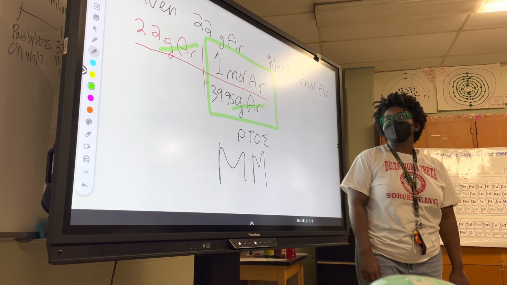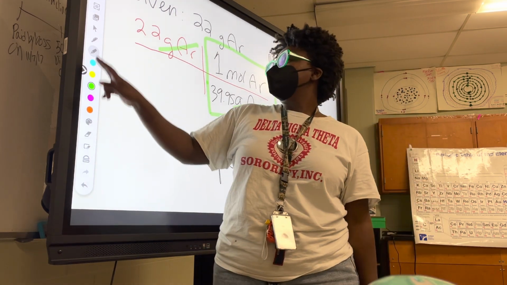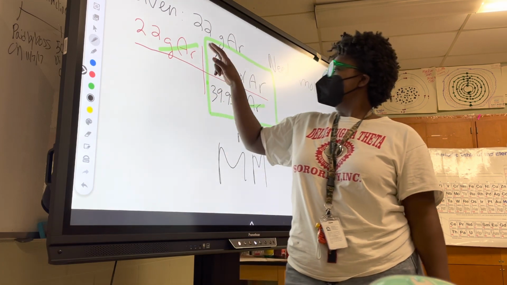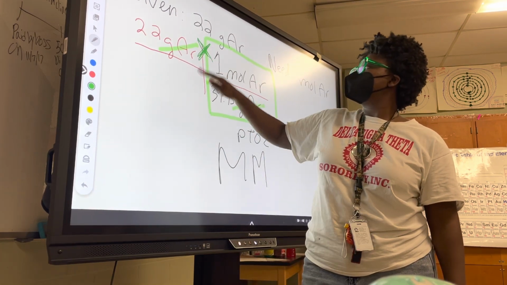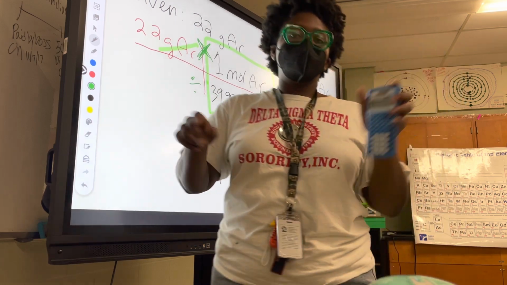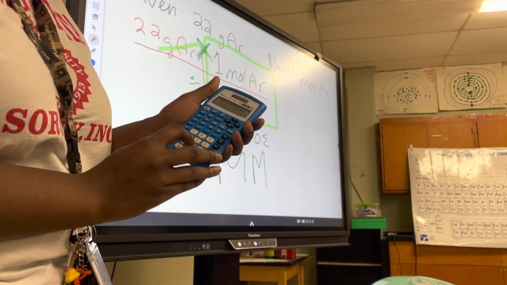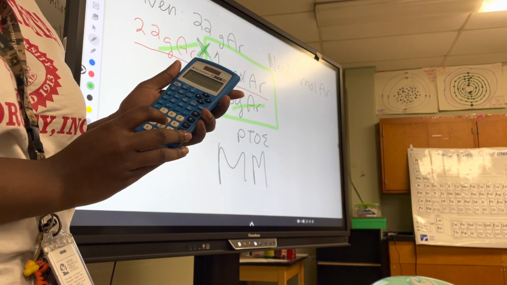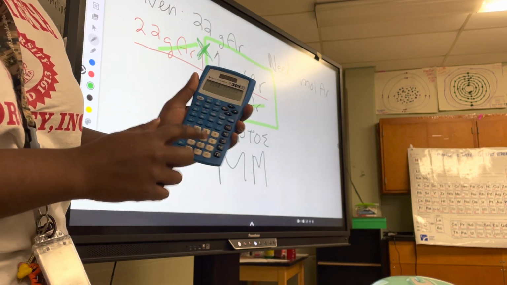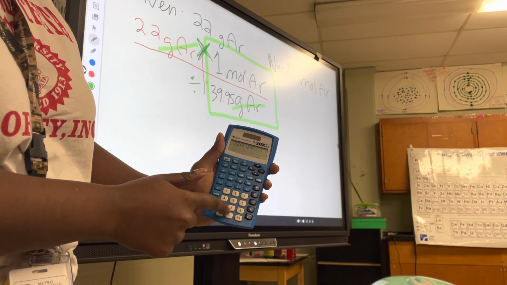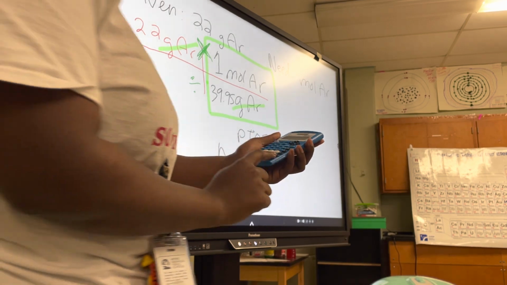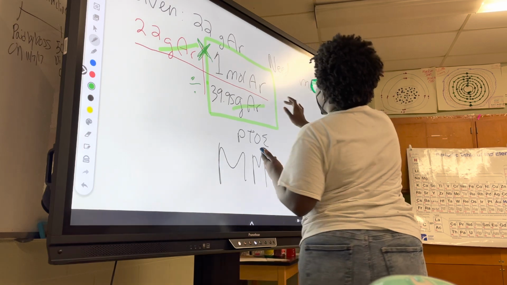All right, what do I do now? You multiply and divide. Good, multiply and divide. Let's do the mathy math. 22 times 1 divided by 39.95 gives 0.55. Two decimal places.